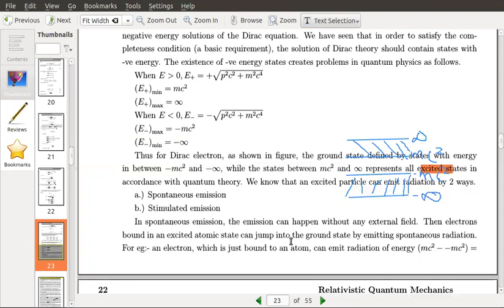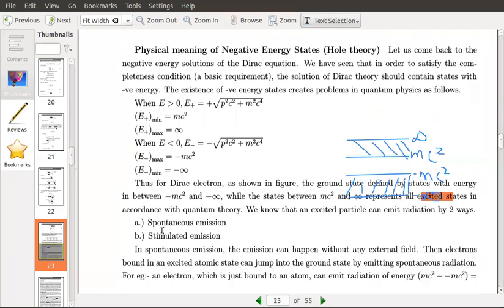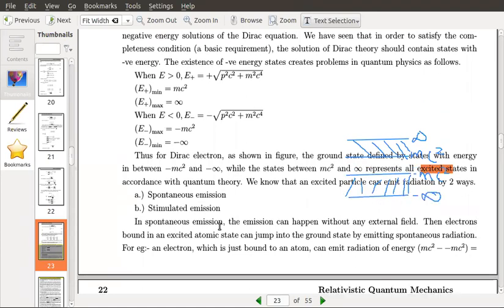Okay, now we know that the excited particle can emit radiation in two ways. One is spontaneous emission and another is stimulated emission. In spontaneous emission, what happens is the particle is excited by absorbing energy due to some reason, and then without any delay it gets de-excited without the help of any external field.